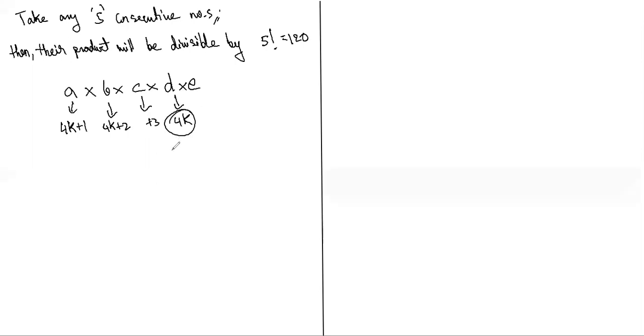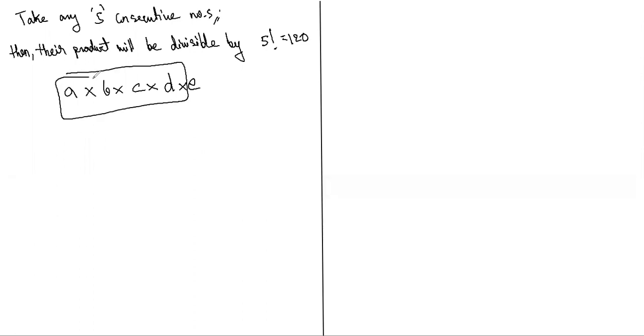Okay. So this entire thing will be divisible by 4. And 4 consecutive numbers when multiplied will always be divisible by 4.